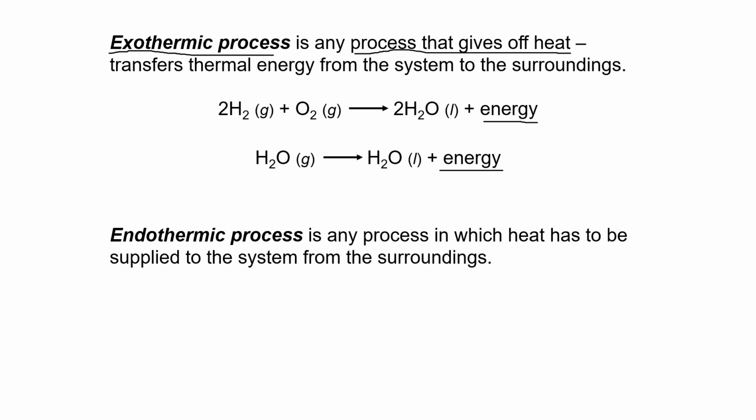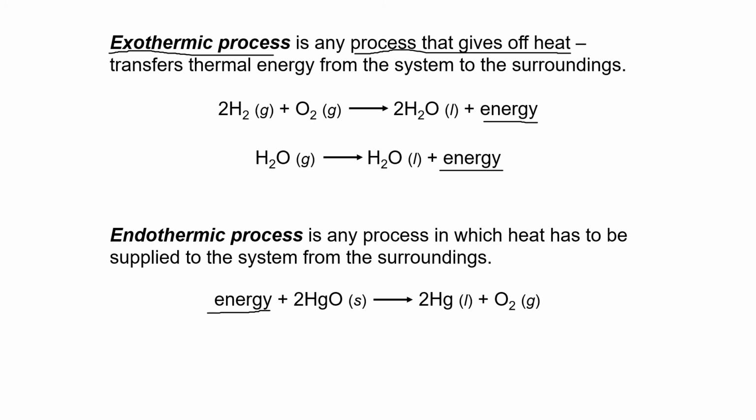Endothermic processes are the opposite. They absorb heat from the surroundings. So energy, or thermal energy, is a reactant in this process. Here we have mercury oxide decomposing to mercury and molecular oxygen.